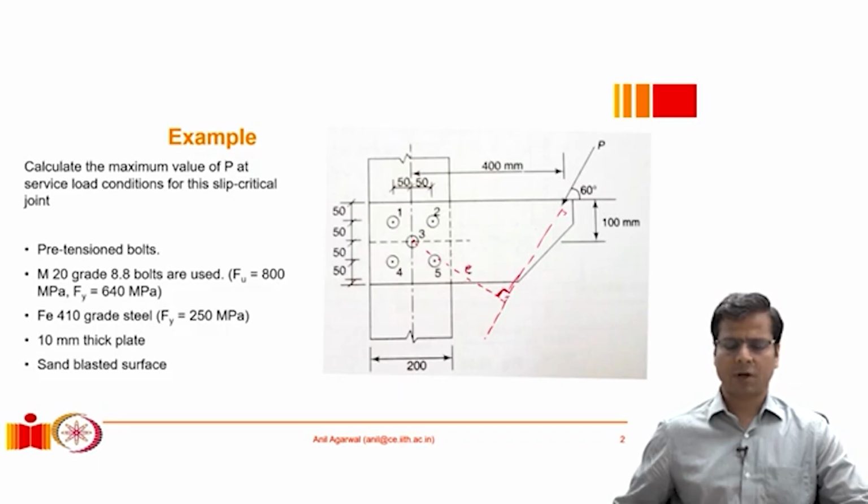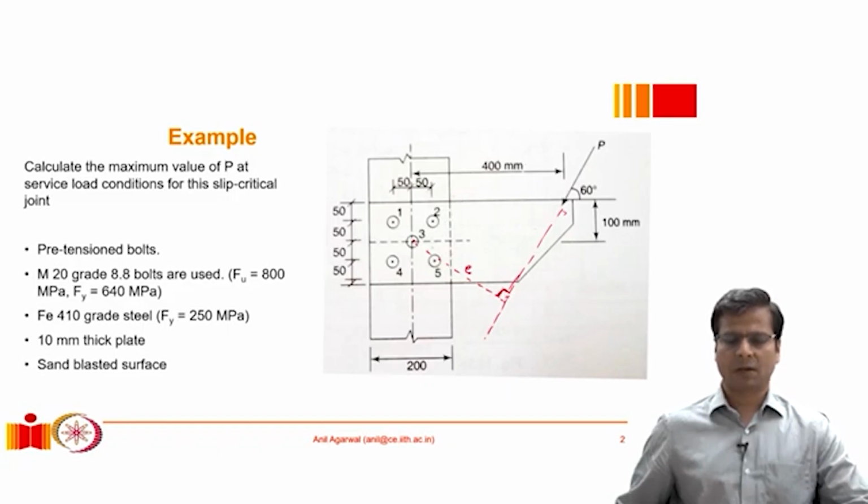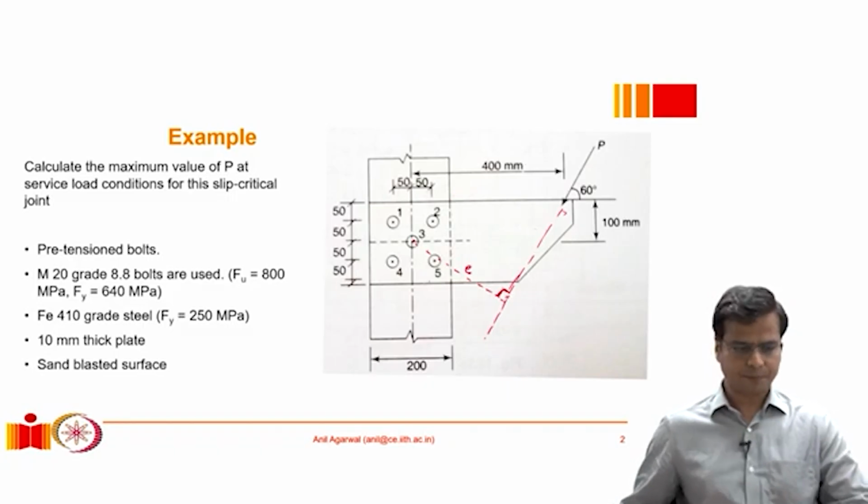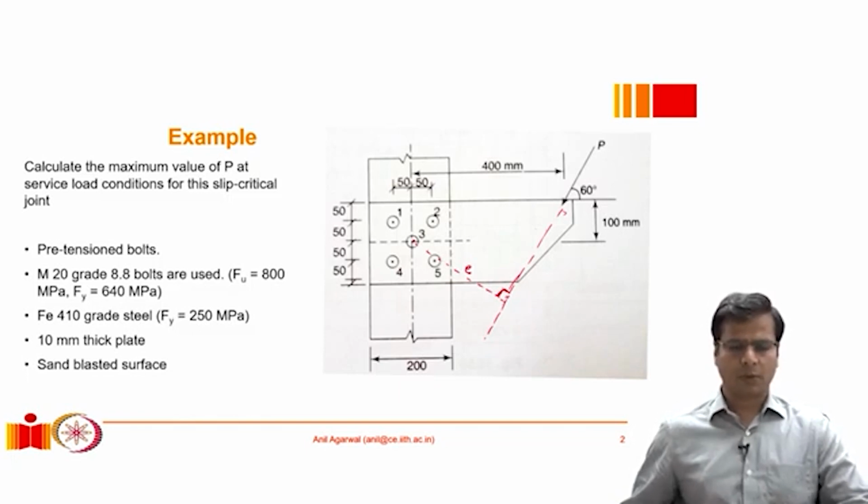And we need to find out how much that eccentricity is, and that eccentricity multiplied by the force value will be the moment that also has to be resisted by these bolts. So these bolts will not be resisting only the force that is applied directly, which is P divided by 5, but also they will be resisting the moment component of it. Correct? So that is the design philosophy that we will follow.